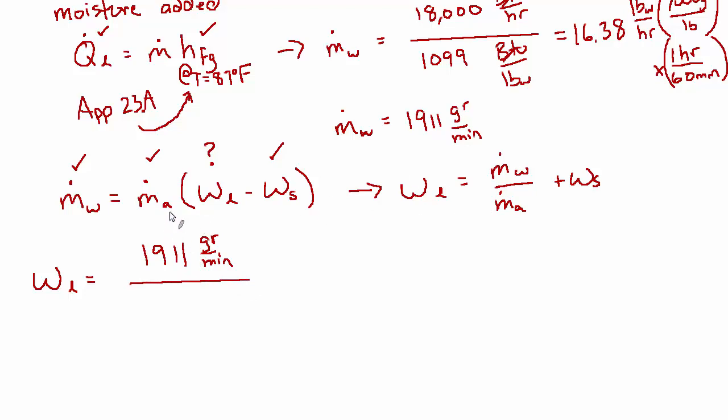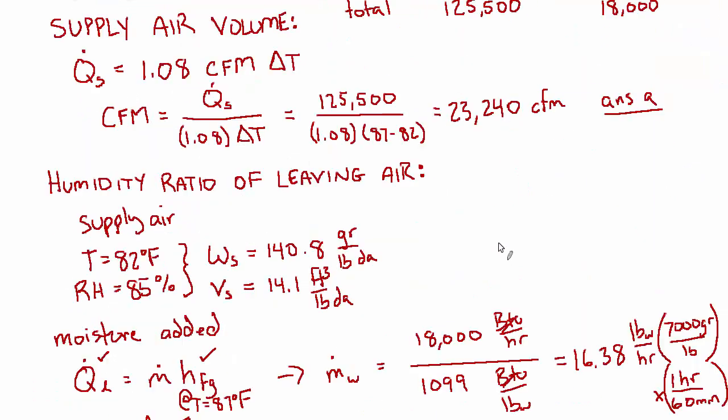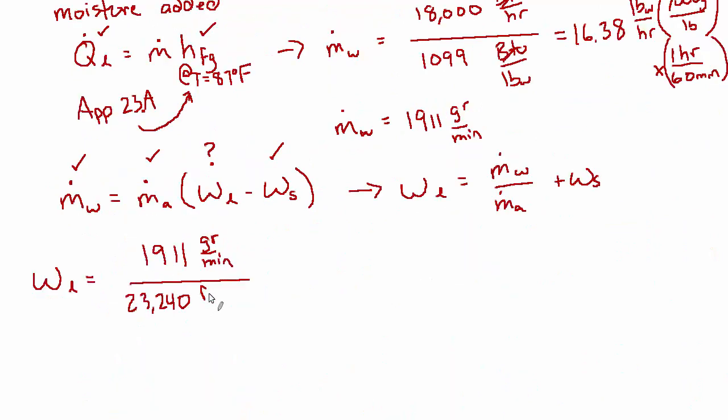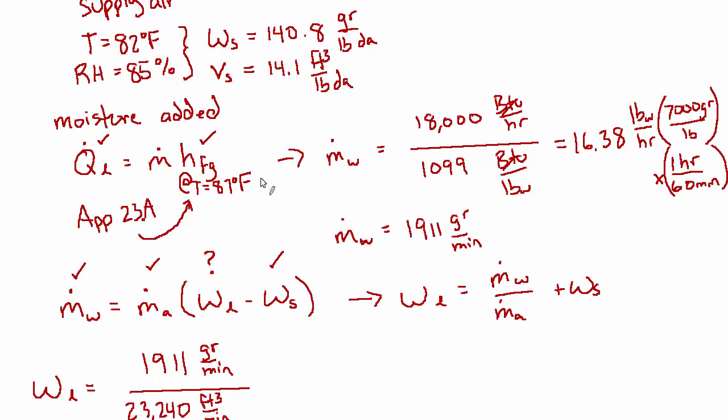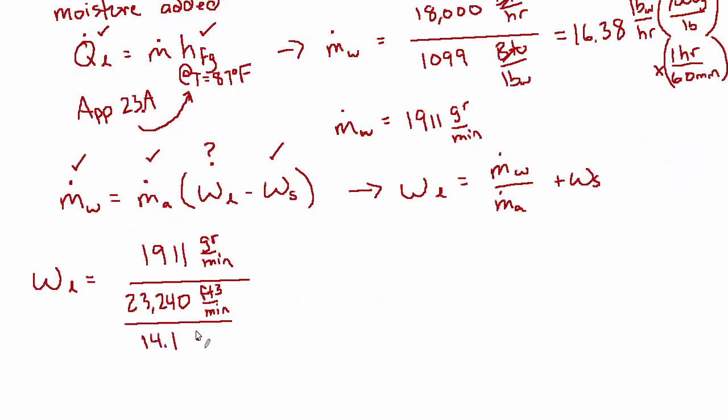So let's use the volume flow rate of air. We found that to be 23,240 cubic feet per minute, and that's a volume flow rate, so we need to divide that by the specific volume, which we found to be 14.1 cubic feet per pound, and that is in parentheses in the denominator. So the cubic feet will cancel, and the minutes will cancel, and we'll end up with grains per pound for that term.